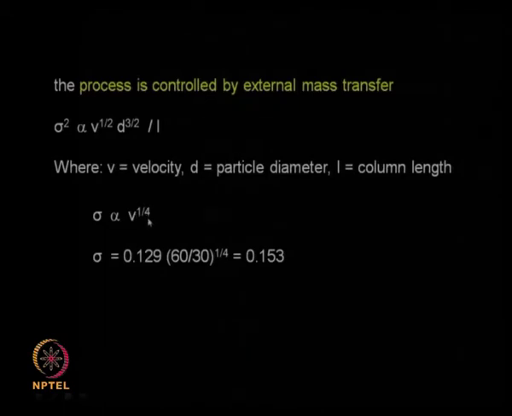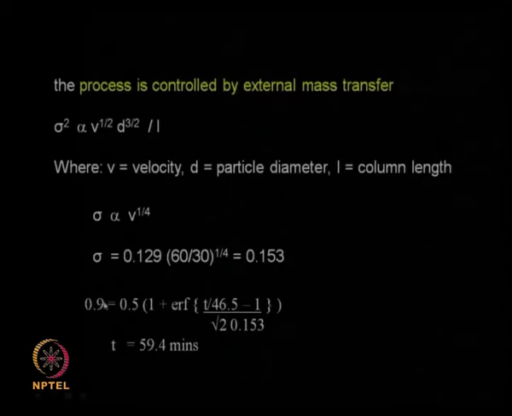So same thing, original sigma was 0.129, I have doubled the velocity but the exponent is 1 by 4, so my sigma has become 0.153. Now again I make use of the yield equation. 0.9 is the yield I would like to have.